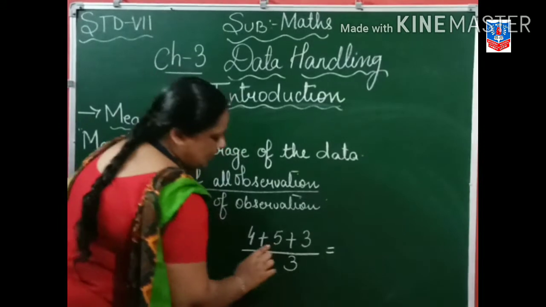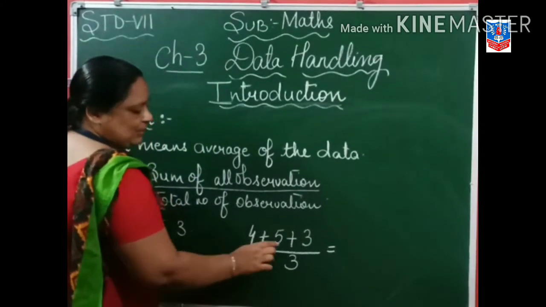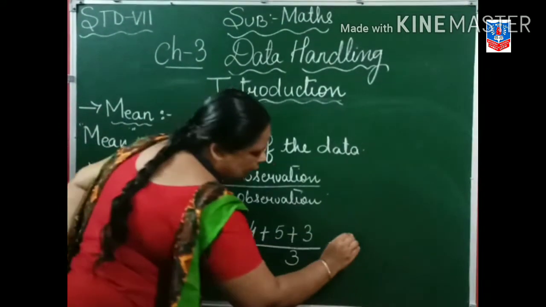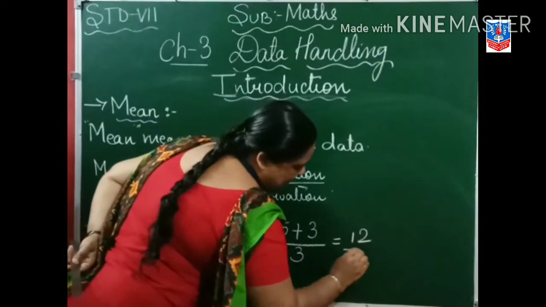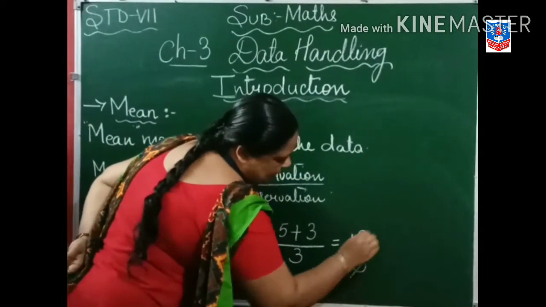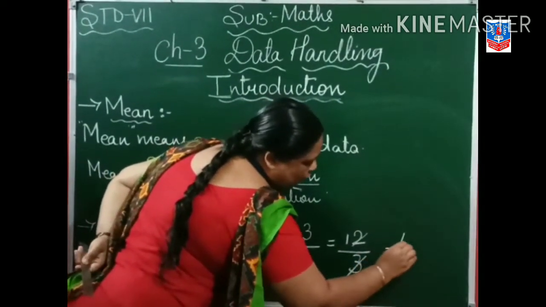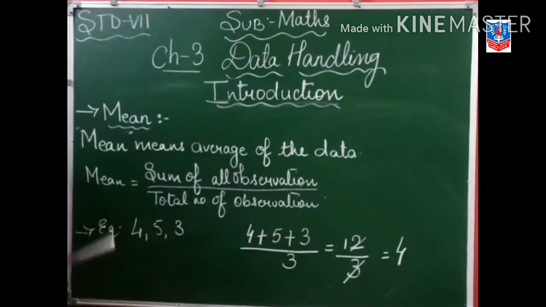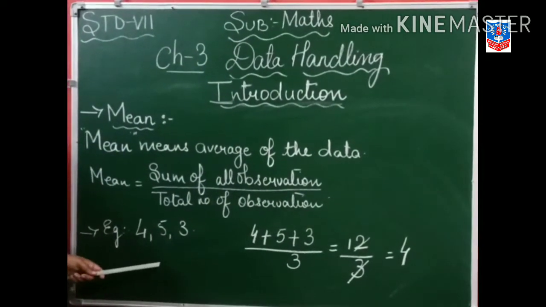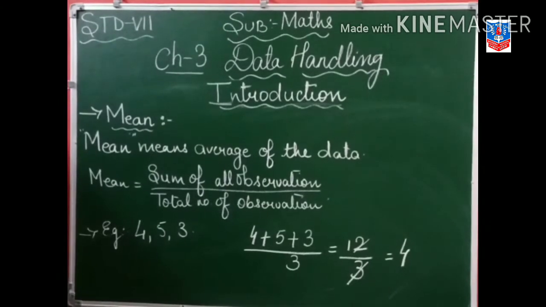So 4 plus 5 plus 3. 4 plus 5, 9. 9 plus 3 is 12. 12 by 3 is equal to 4. So 4 is the mean of these observations. Understood?